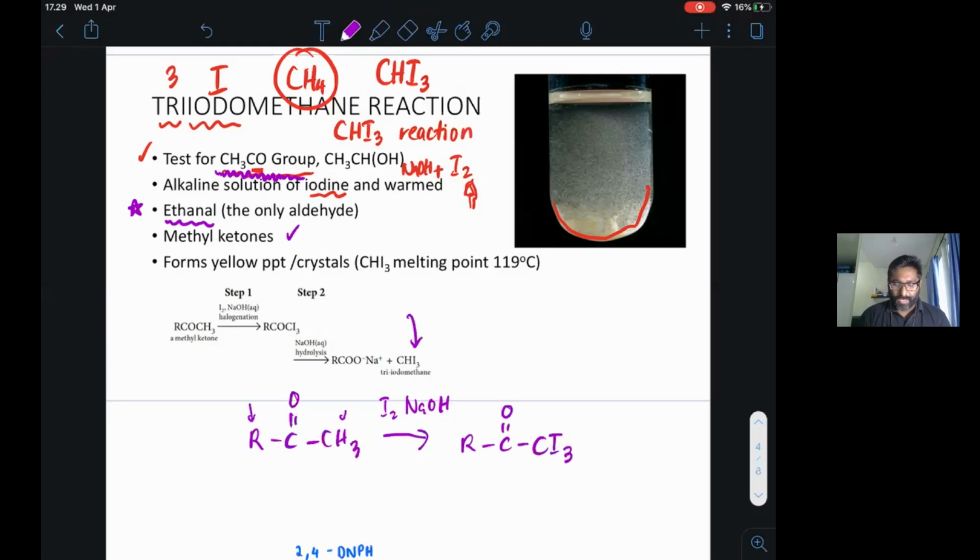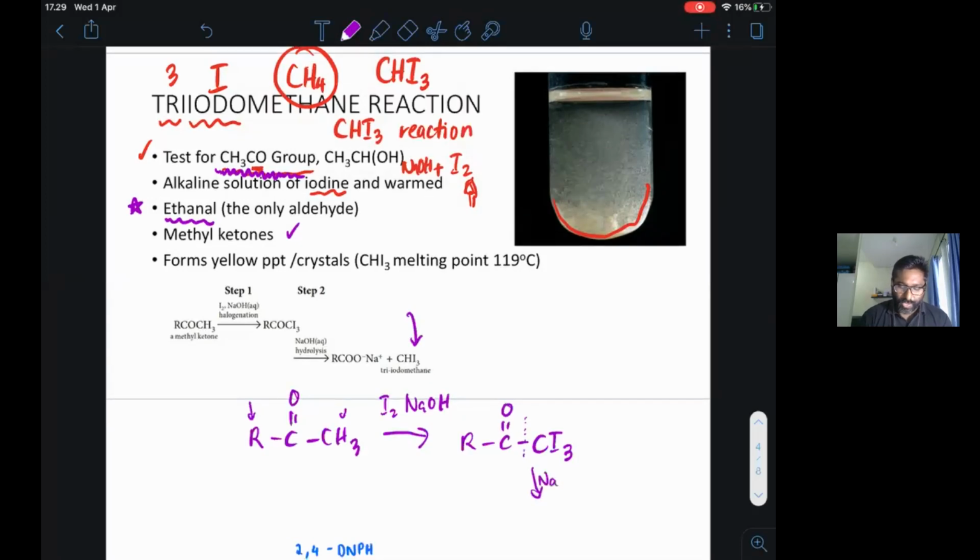The next step is hydrolysis. It means this bond is going to be broken, because of the sodium hydroxide here. So you are going to get CHI3 from this part.